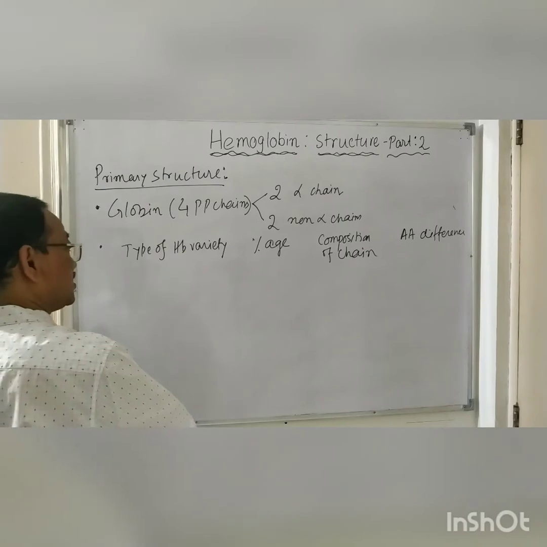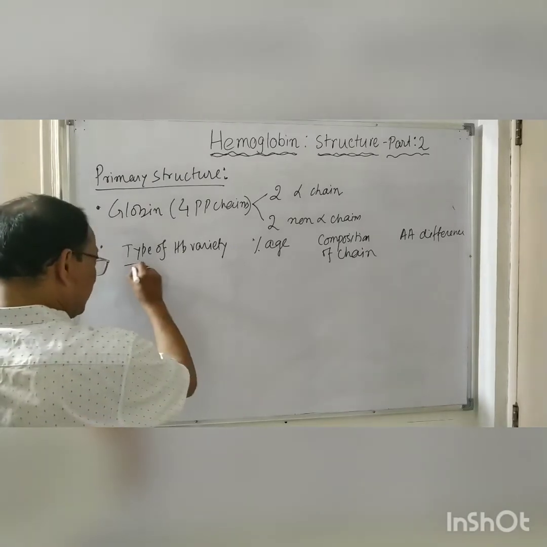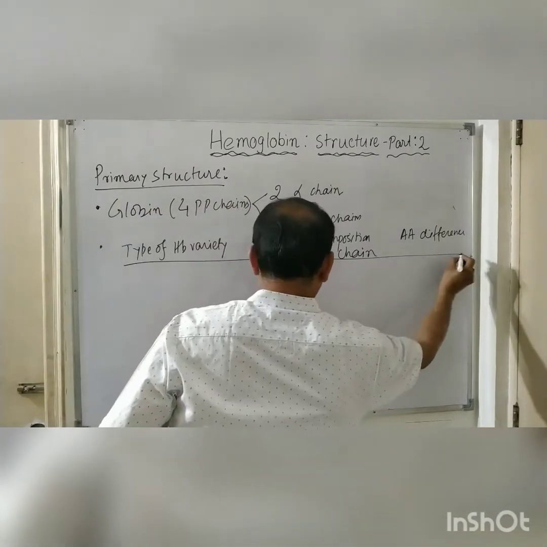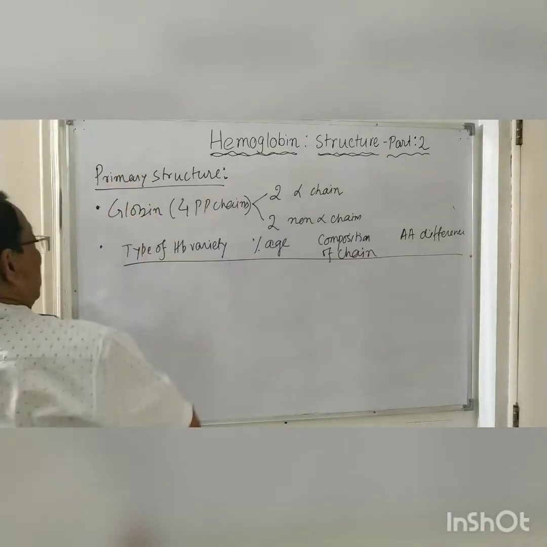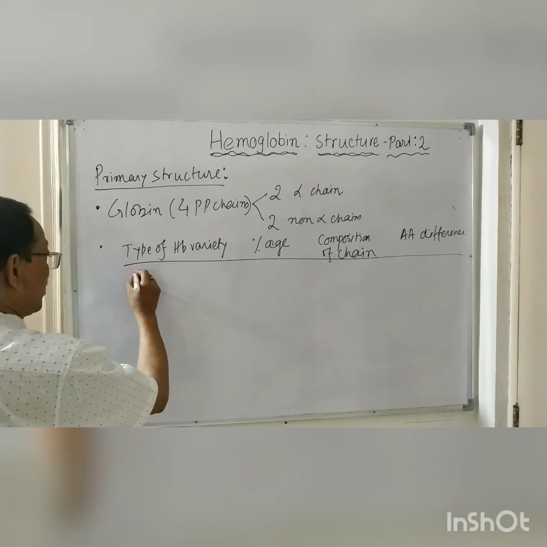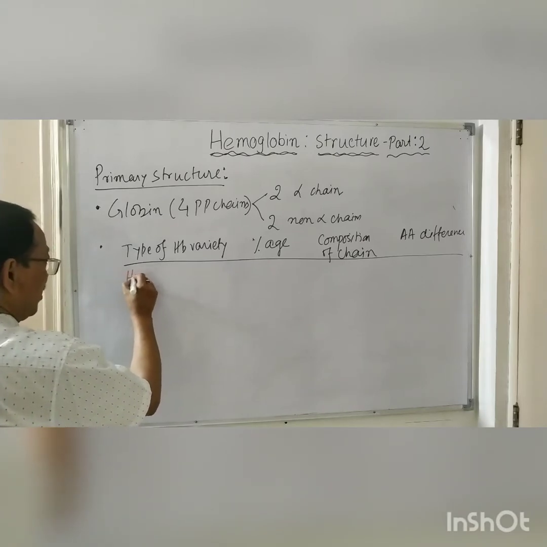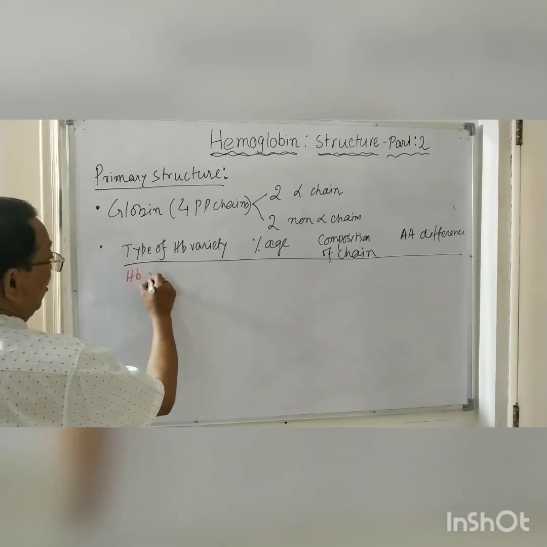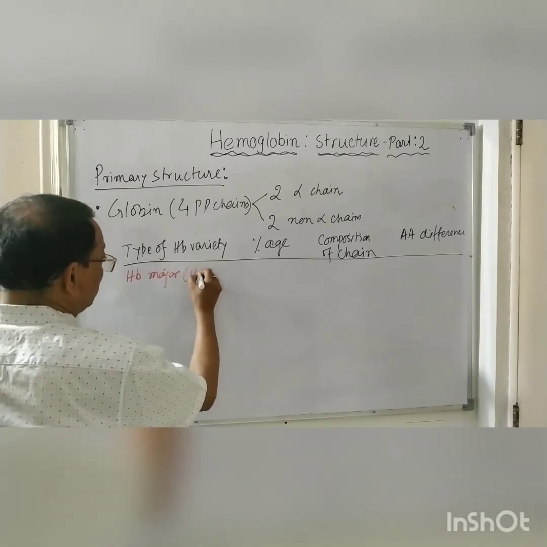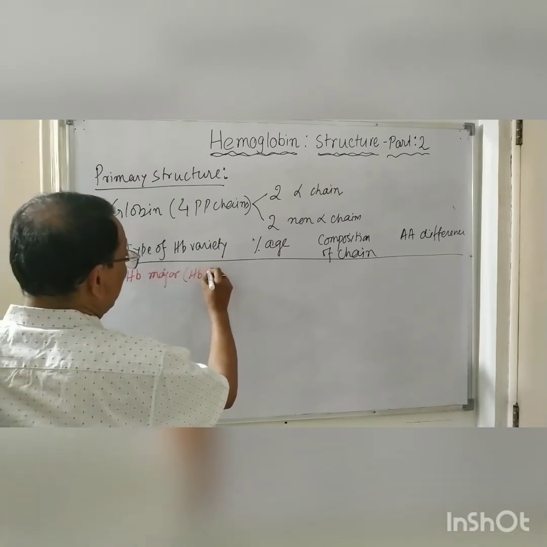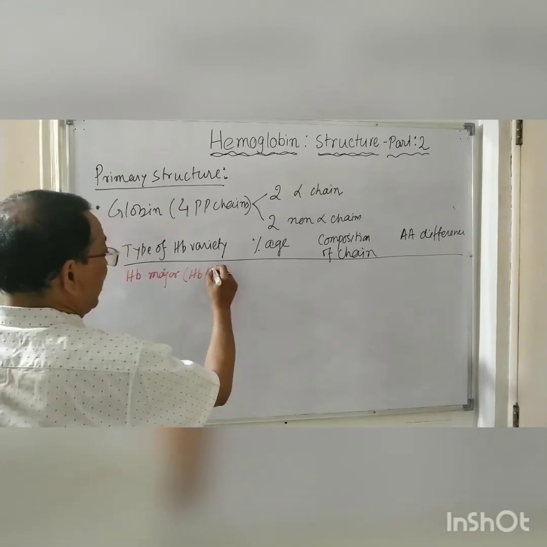So first is the first variety, which is known as hemoglobin major, otherwise known as HbA1.